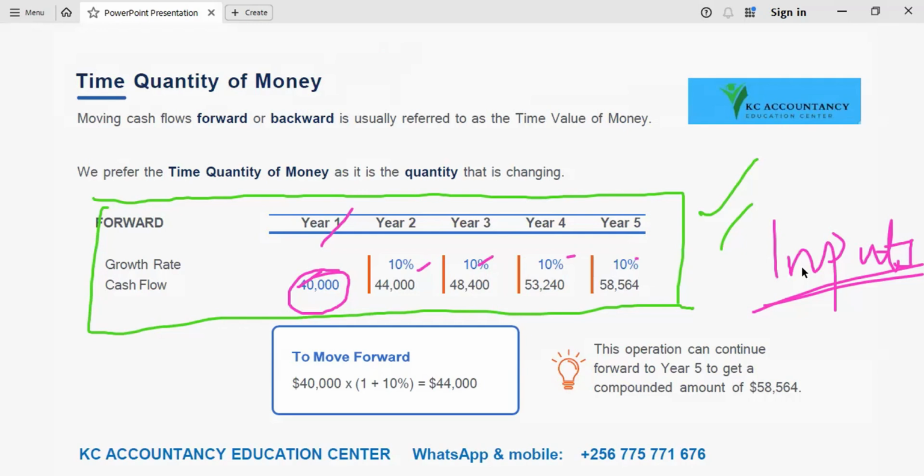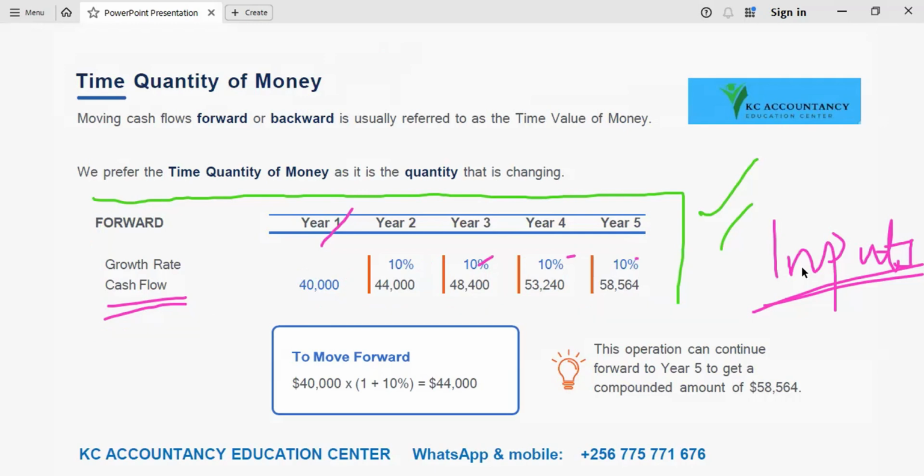Then we are also trying to project the future cash flows here. So the question is, today in year 1, we have 40,000 US dollars as the money we are putting in the project. If you are to project these values, growing it by 10%, it will give you this value here.